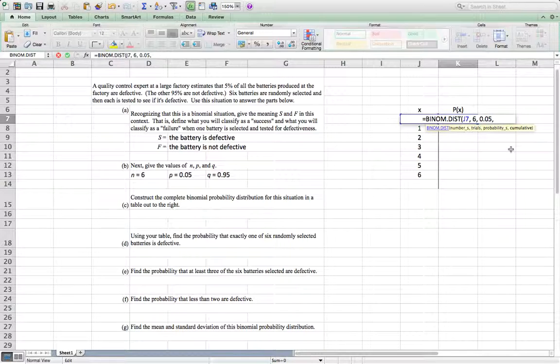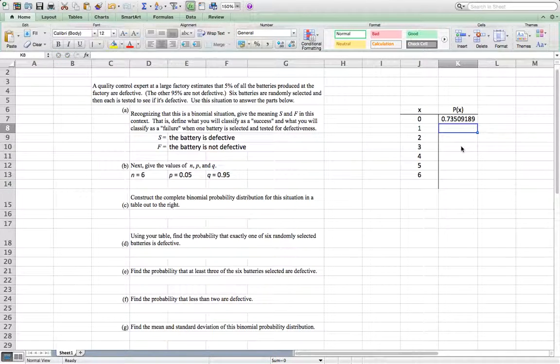And for cumulative, you need to choose false. When you choose false, it means I want to calculate P(x) where x equals J7, which is 0 in this case. So we want to calculate the probability of x equals 0. So we choose cumulative false. Now we just drag this formula down to the rest of the cells.